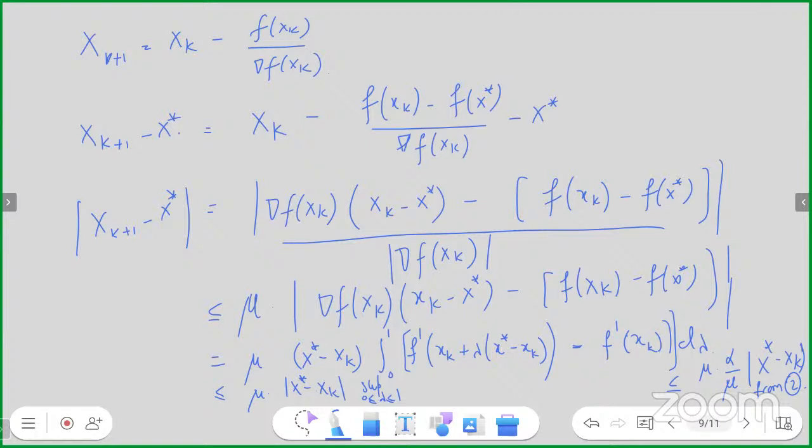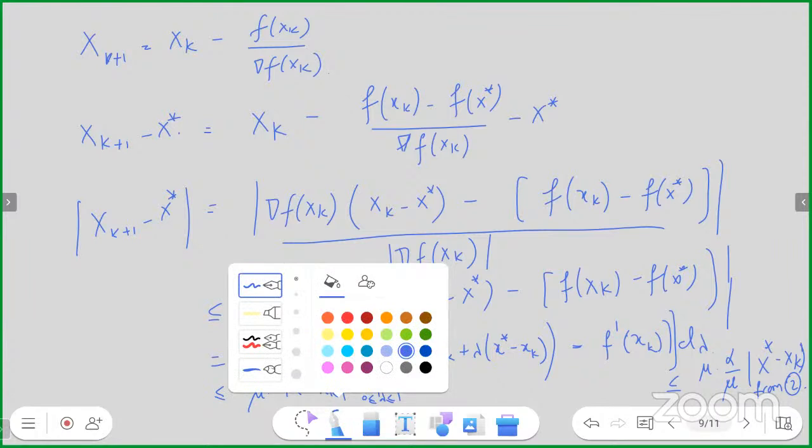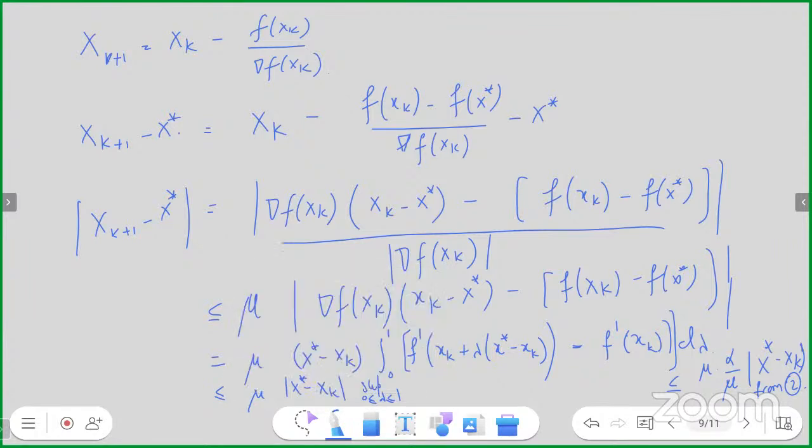Yeah, so now let's say I can replace this supremum by a max. All right. Now there will be some max lambda star which will maximize this. So replace that whole thing with f prime of xk plus lambda star times x star minus xk, minus f prime of xk. From my Lipschitz condition, what do I get? I just get this term multiplied by the Lipschitz constant.